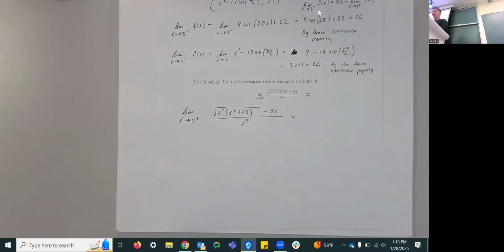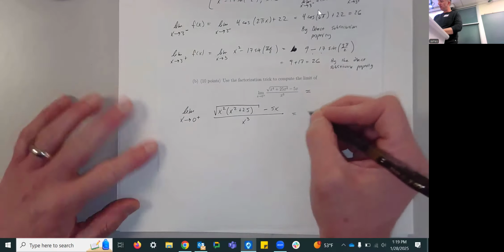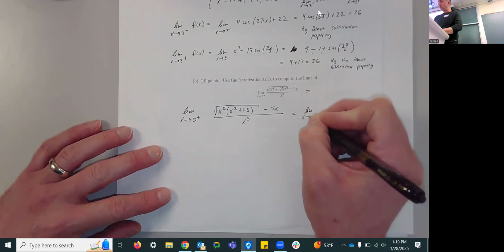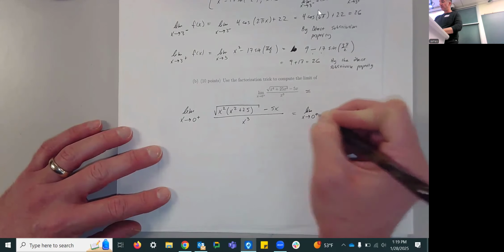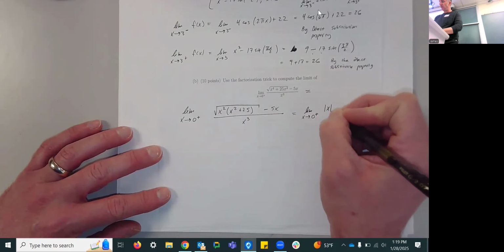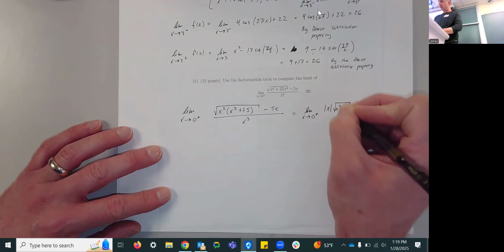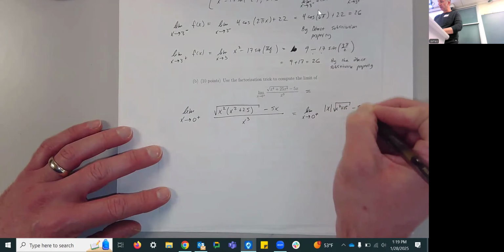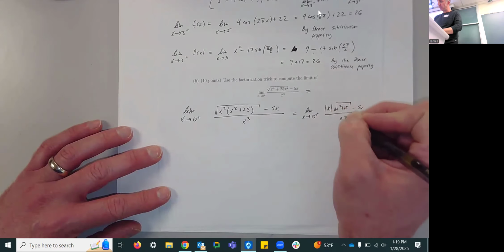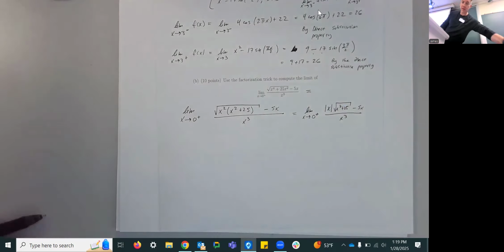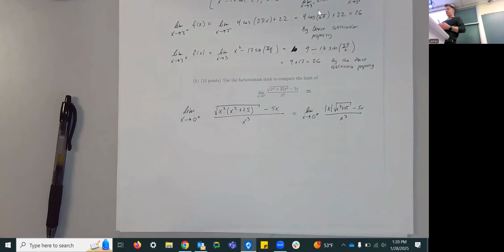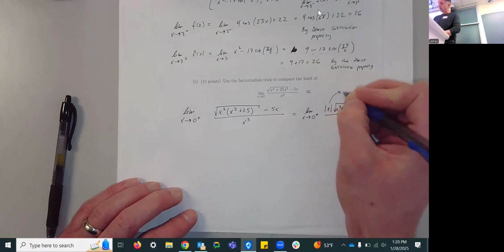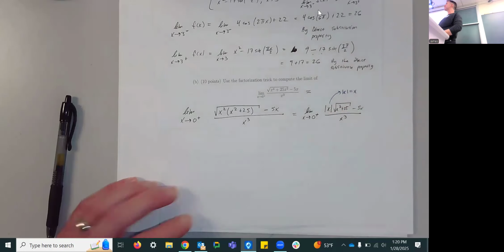And that's actually not going to matter here, but it will matter in the alternate version of this question that I'm going to ask. So we should write this: the limit as x approaches 0 from the right of the absolute value of x times the square root of x squared plus 25 minus 5x, all over x cubed. But in this problem, since x is already positive, right, x is on the right side of 0, that means the absolute value of x is equal to just x.